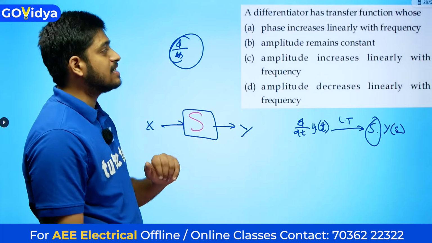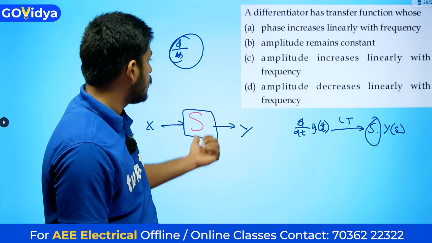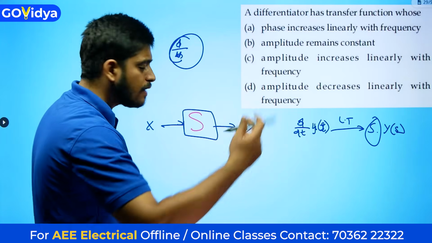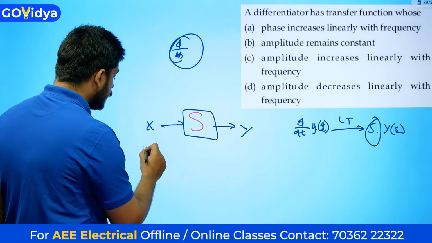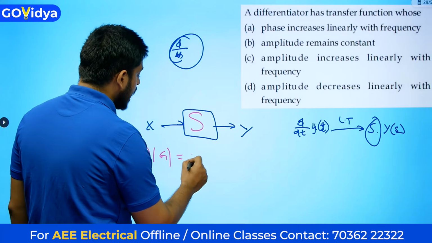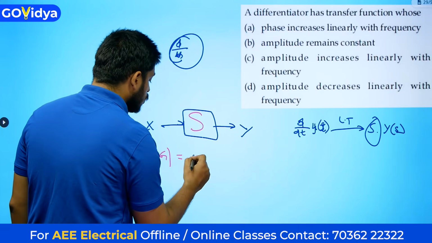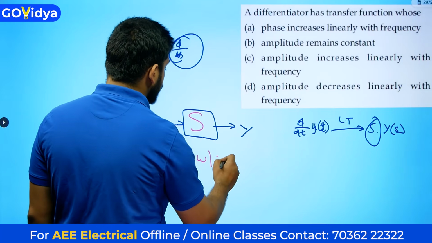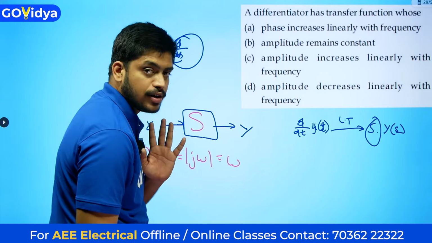So as per this, he is asking what increases constantly or what decreases, phase or amplitude. Let us find this easily. First let us go with the amplitude. Mod of G with s equals j omega. If I take the mod of this, I get omega. Okay, this is my amplitude.